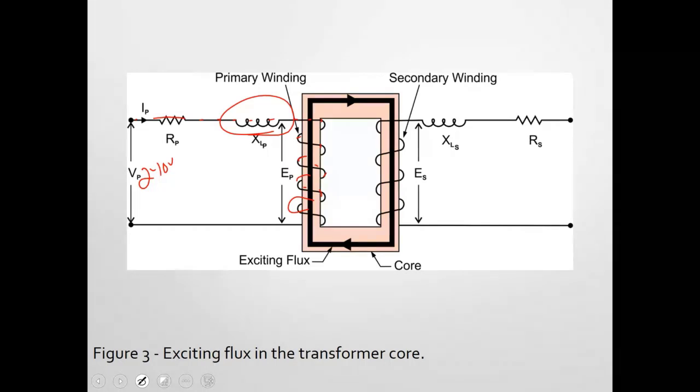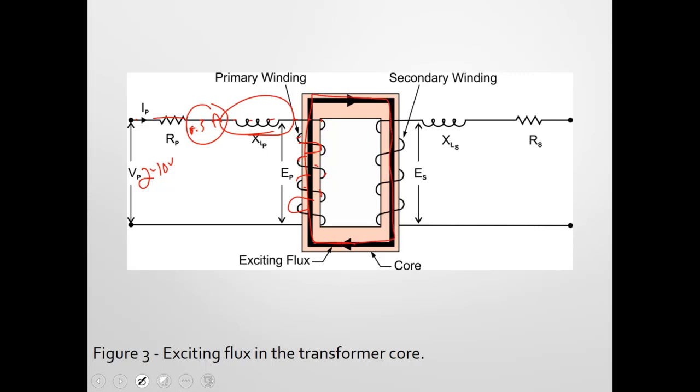We call that the exciting current. If I put an amp meter right here, it's going to read a little bit of current flow. Let's say about a half an amp, 0.5 of an amp, and we call that the exciting current. That exciting current is enough current to establish the magnetic field, which travels through the core.